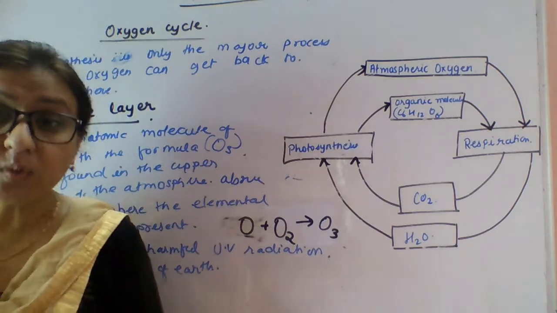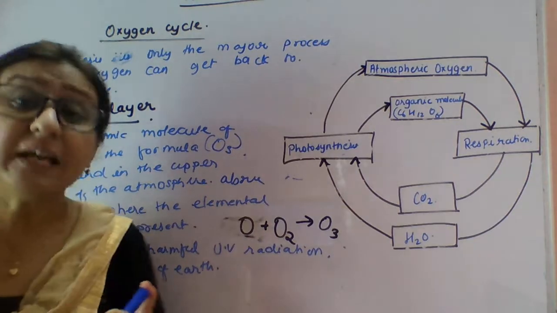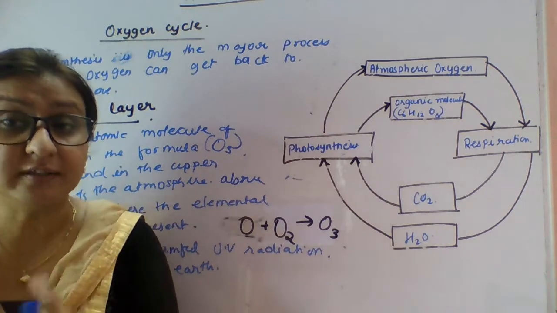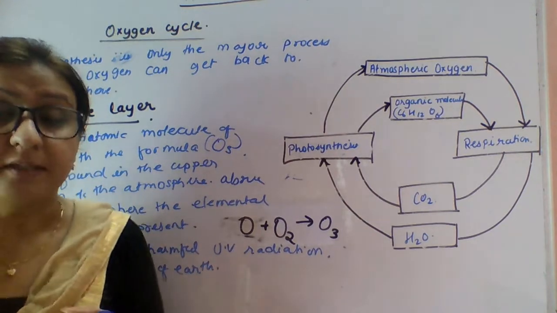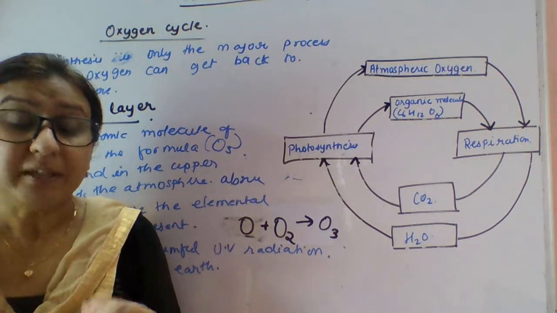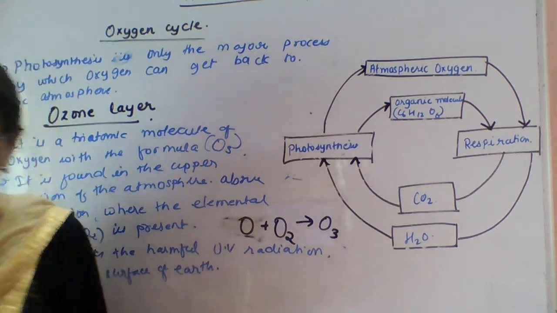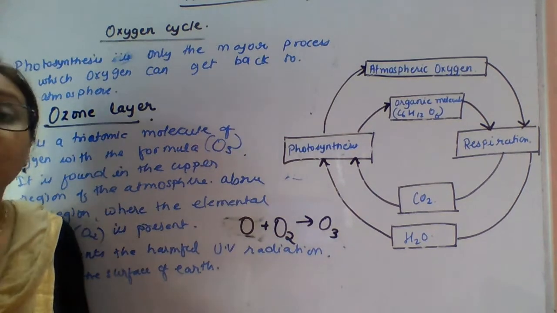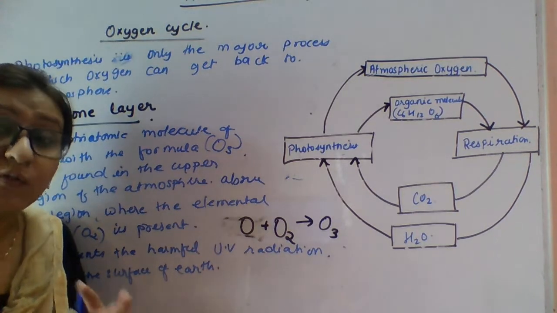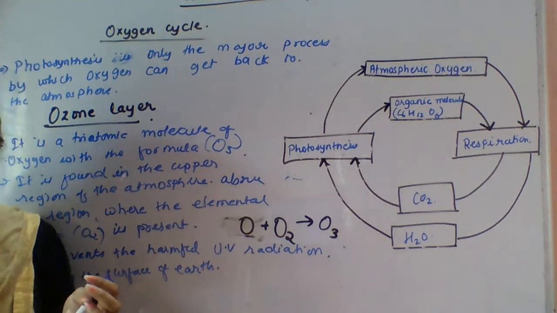Now there is a threat to the ozone layer because of chlorofluorocarbons. Chlorofluorocarbons means CFCs, which are usually generated by ACs and refrigerators. The level of chlorofluorocarbons in the atmosphere is increasing because they are not degraded by anything. These carbon compounds have fluorine and chlorine, and are very stable, hence they are not degraded by any biological process.